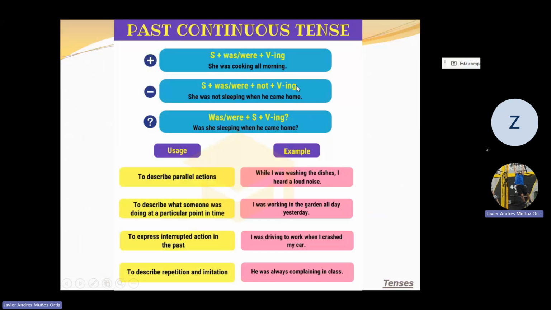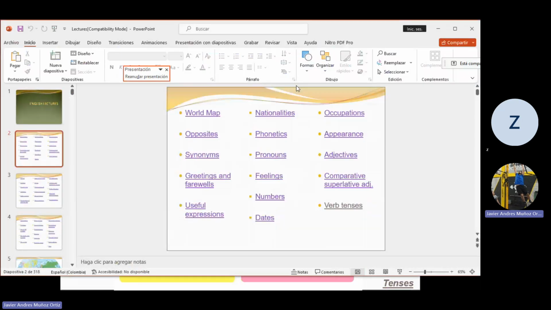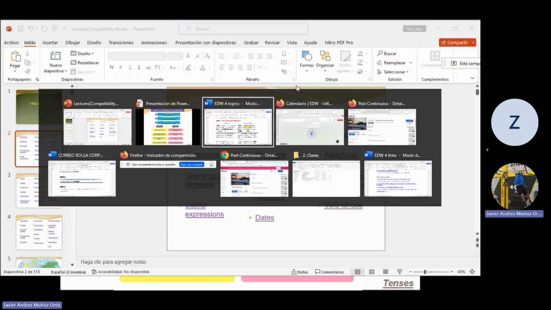If we compare past continuous tense with present continuous tense, we are going to notice that in terms of grammar, the only thing that changes is the conjugation of the verb to be, because it's not going to be is or are. Instead, it's going to be was or were. And that's everything we need to know about grammar, because we have already studied this in previous sessions. And also you have the information in Sayora, so you already know that.